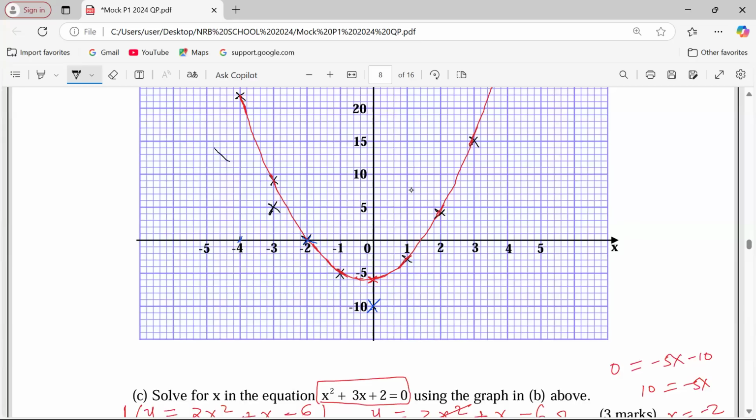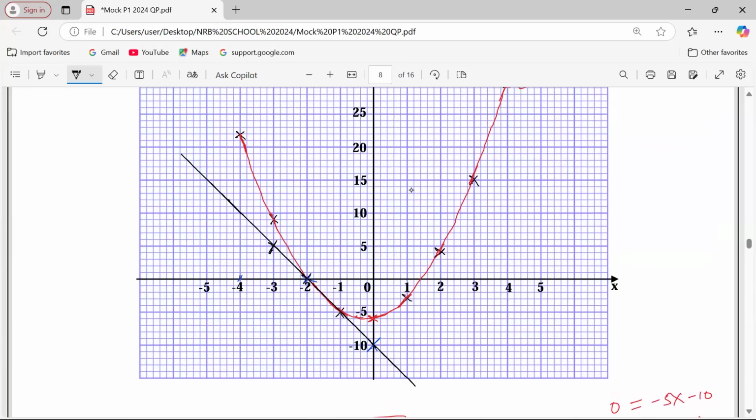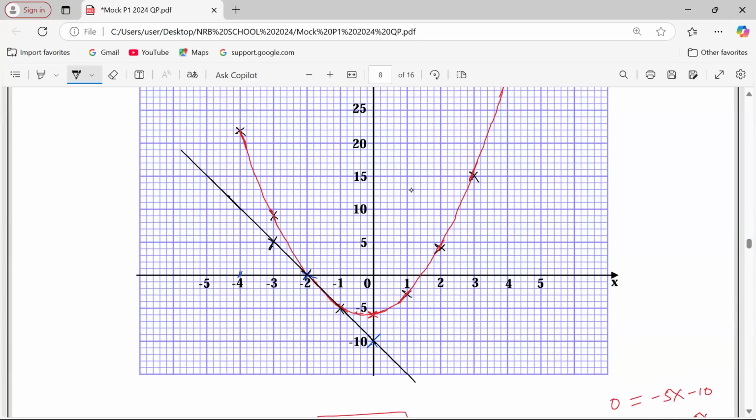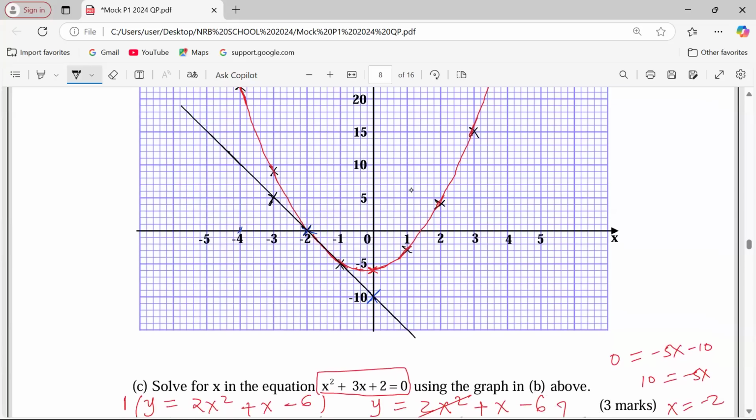So let me draw. That is the straight line. So we are supposed to identify the points along the curve where the line is intersecting with the curve.